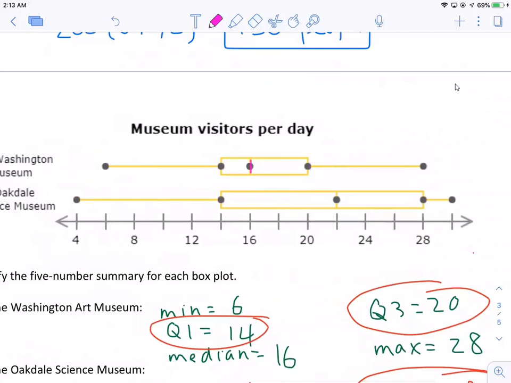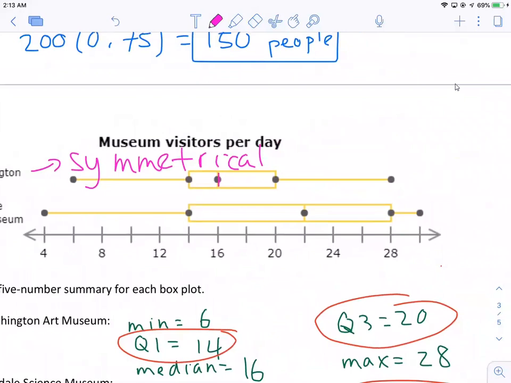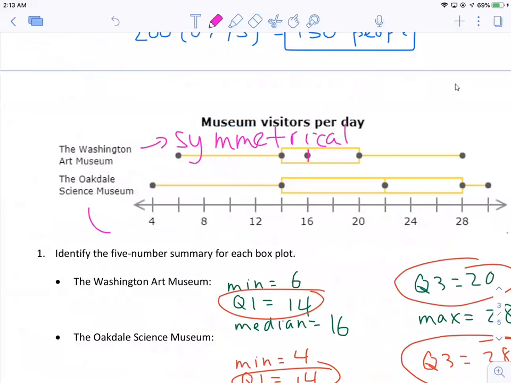So I would call Washington Museum symmetrical. And looking at the Oakdale Museum, well, I notice this is a lot closer together, whereas this is much more spread out on the left. So that definitely looks to be skewed left to me, right? Has a longer tail on the left.